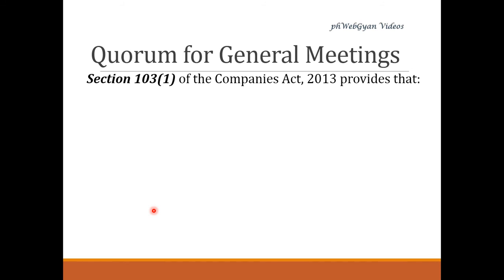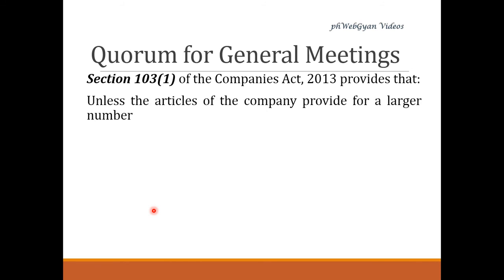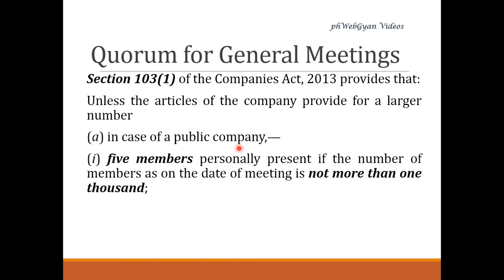First of all, Section 103, subsection 1 of the Companies Act provides that unless the articles of the company provide for a larger number, in case of a public company, 5 members personally present if the number of members as on the date of meeting is not more than 1000.